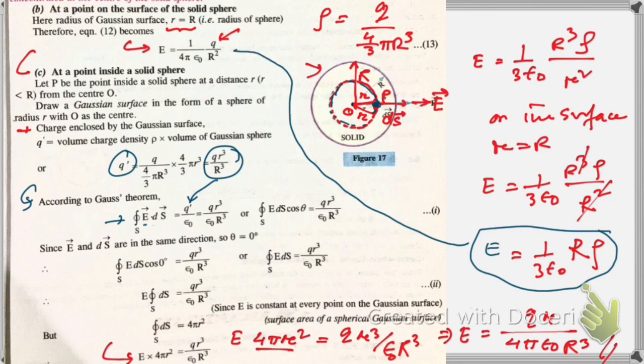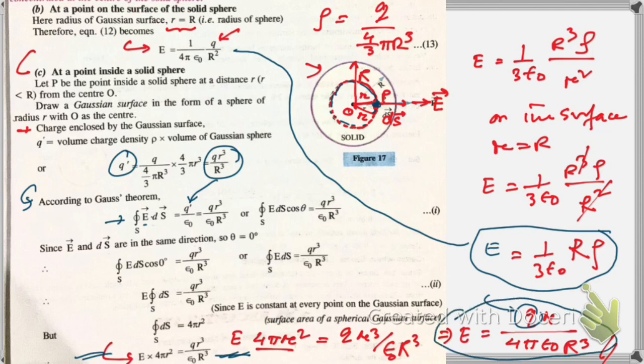It comes from this equation after replacing q by this value, that is 4 by 3 pi r cube into rho, right? So now if you put the value of q here, then what is going to be the expression? That is what I have written here.